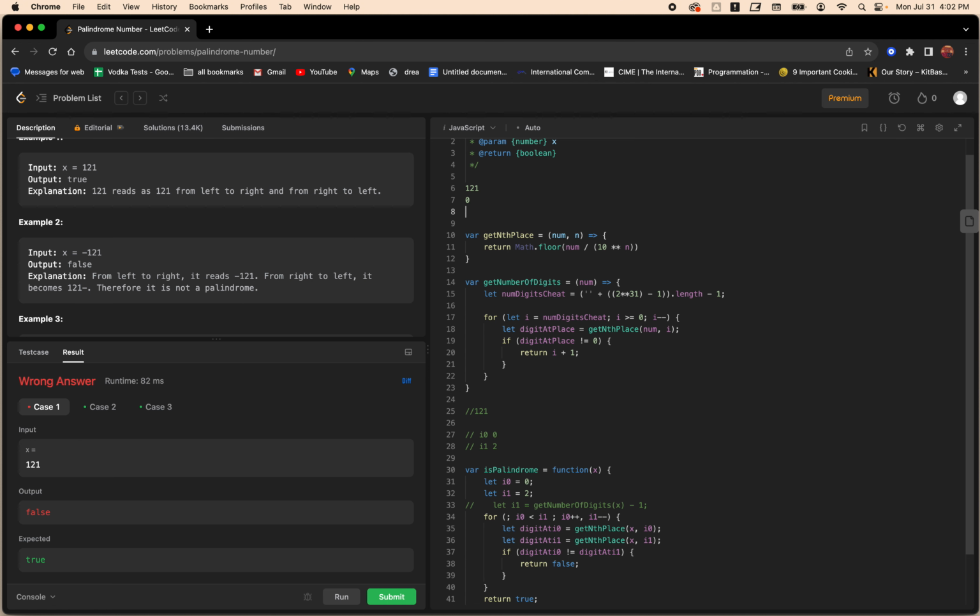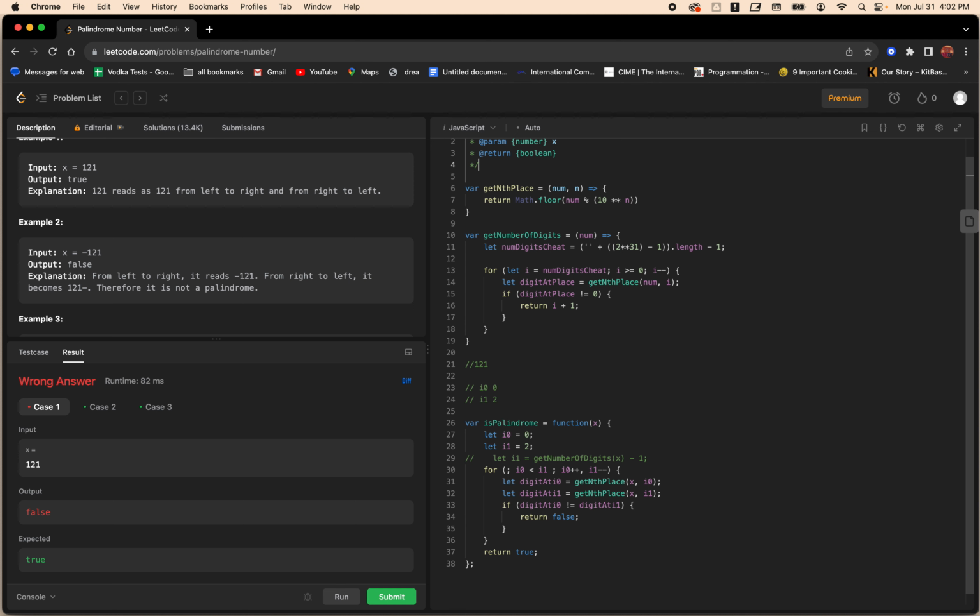It is modulo, I just forgot the modulo part. It's not even divided. It's like num modulo that. I don't know why I said divided. Hold on a second.